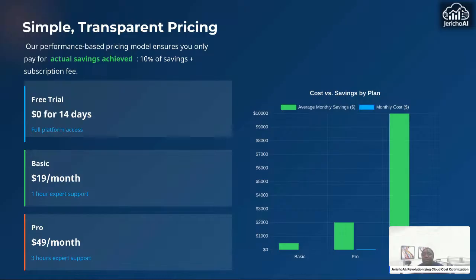Our performance-based pricing ensures you only pay for actual savings, which is 10% of the savings, plus a minimal subscription. Then for the basic, we have $19, for the pro $49, and then 3 hours of expert support as well.